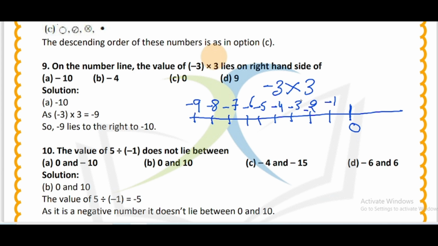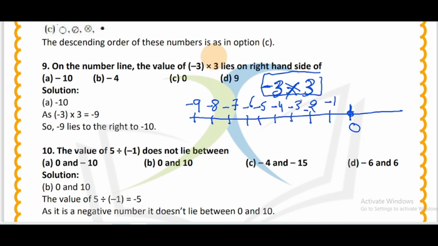Then we find out the value of minus 3 into 3. First we start with 0, minus 3. Then we move to the left 3 into 3.